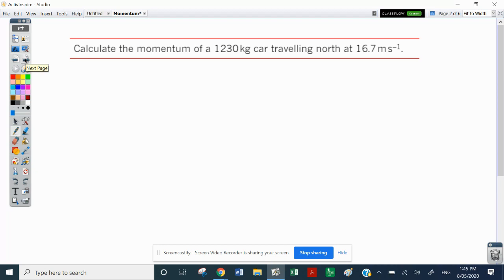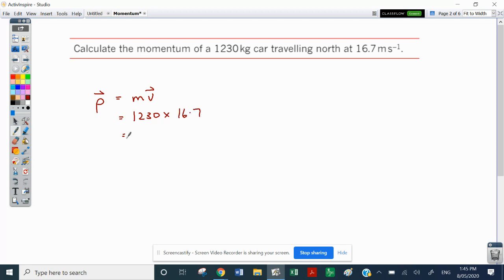So let's do a momentum calculation. We're going to calculate the momentum of a car that is travelling at a certain velocity. Momentum would equal mass times velocity, and therefore the mass is 1230 times the velocity, which is 16.7.